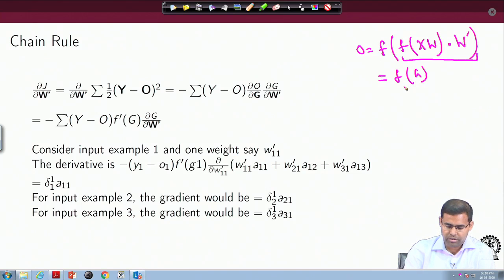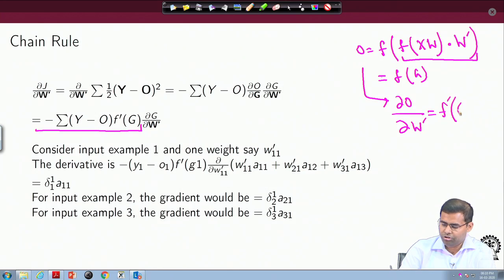So, now as you can see, this is the form that we get. Since I am doing del O del w prime, that would naturally give me f prime g followed by del g del w prime.